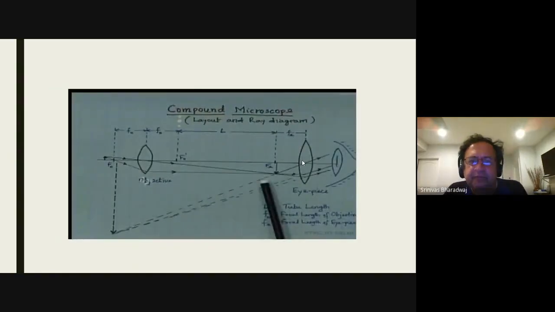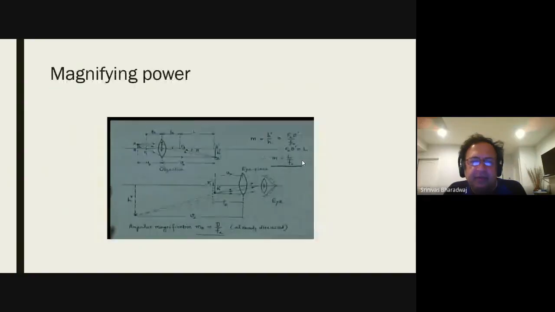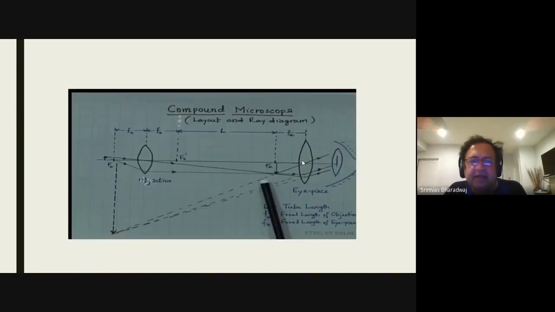Okay, so now the magnification is L D by the product of the focal lengths. What is L and what is D? Now D is the diopters, right? D is the magnification, right? The angular magnification is D, right? And L is the distance between the focal points, capital F prime and F_O and F_E, right?